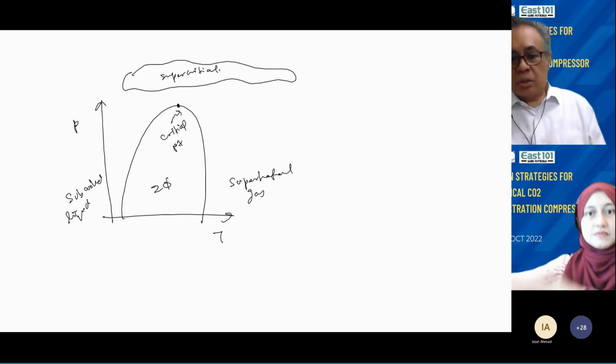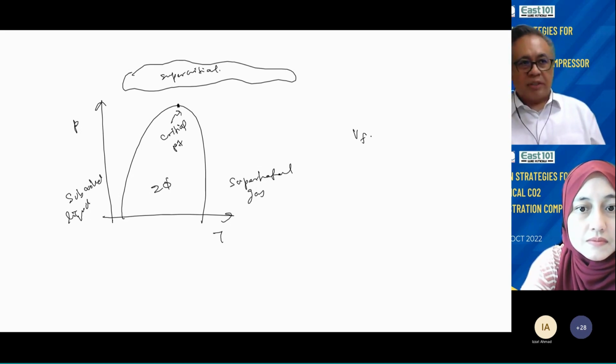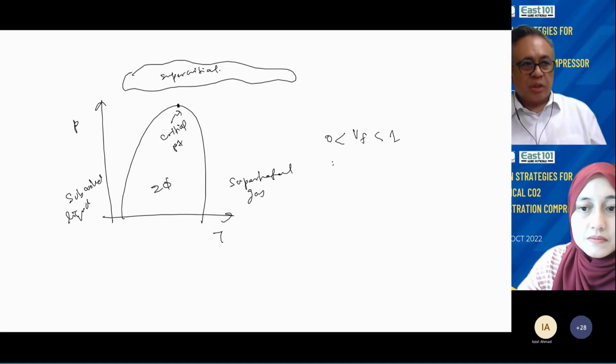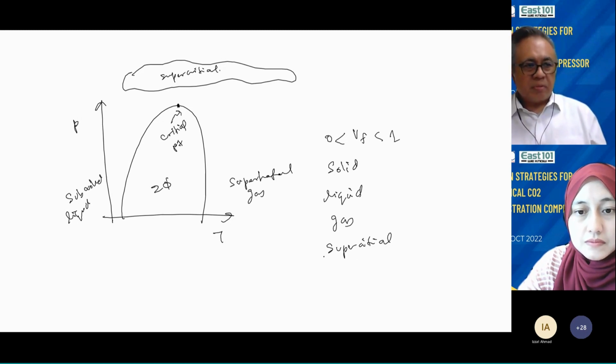Okay, so the interesting thing about these simulators is there will be a slot which says vapor fraction, and that number has to be between 0 and 1. Now you've got the following states of matter: solid, liquid, gas, supercritical, and plasma.